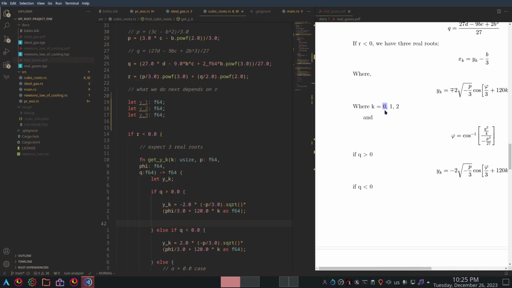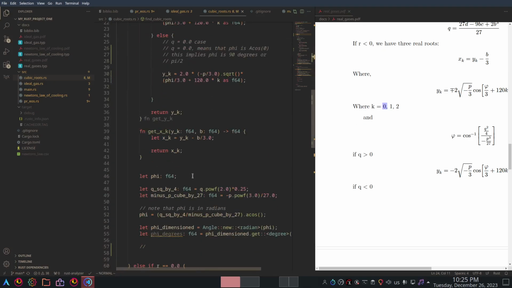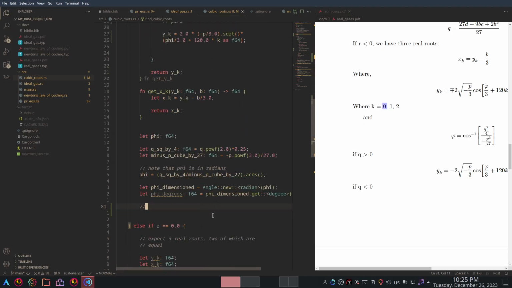I usually start from 1, but k here starts from 0, and since this is yk, this should be y0, y1, and y2. So let's change that. Okay, things are getting a bit long. The longer the program is, the more confusing things get. So yeah, organization is important.